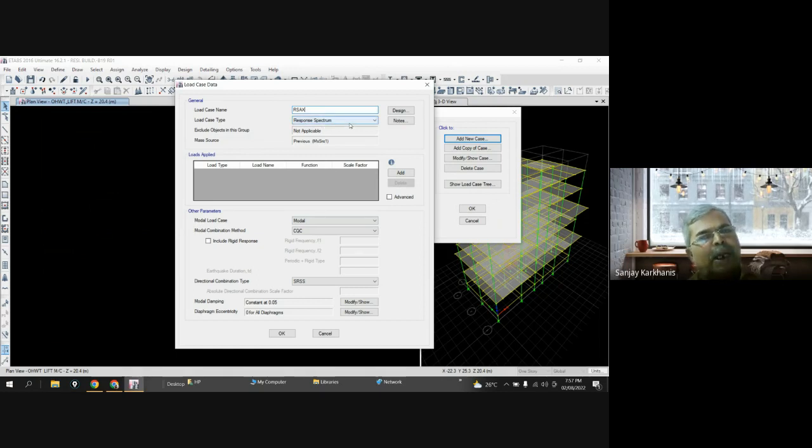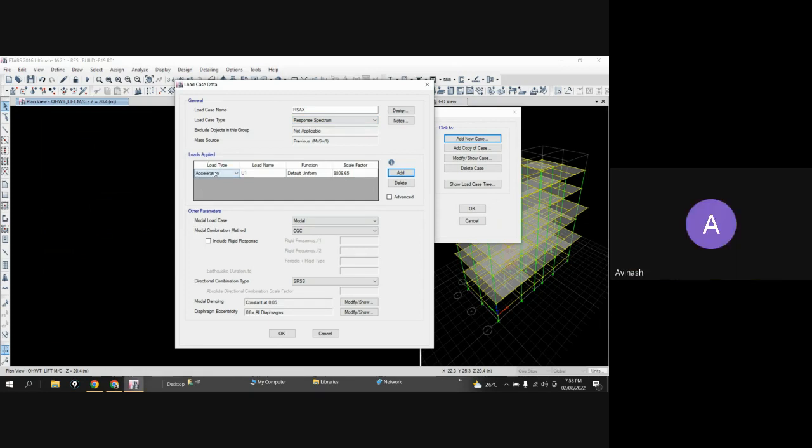So response spectrum type. Then now here you can see a load type, load name, function, and scale factor. Now first I will click on add. Now which response spectra that you are using? Acceleration response spectra. So the case is acceleration, right? Yes, sir.